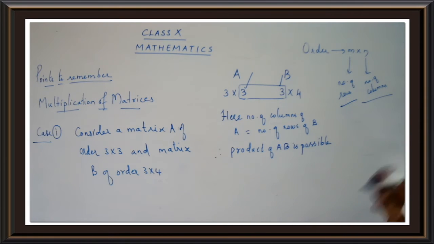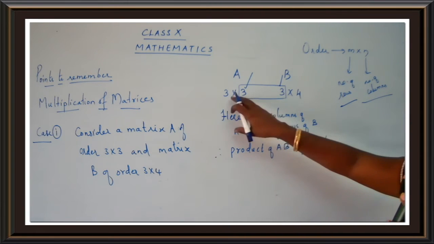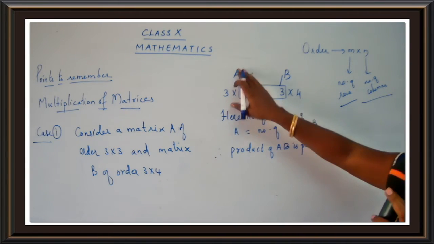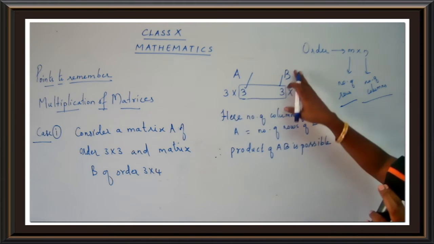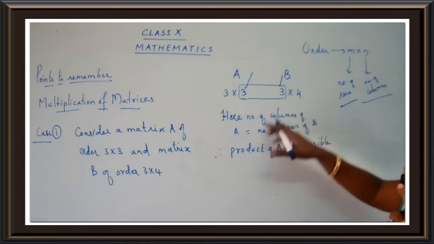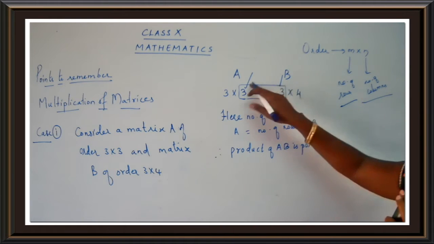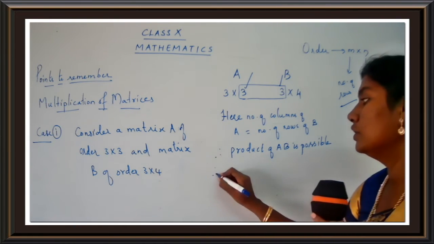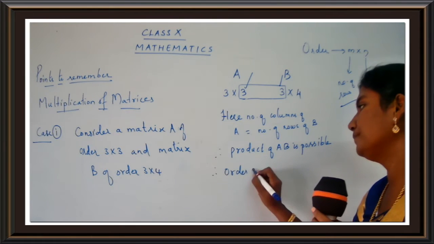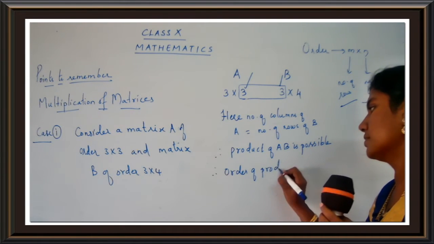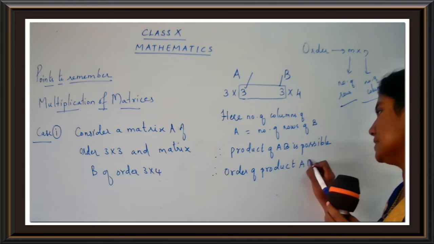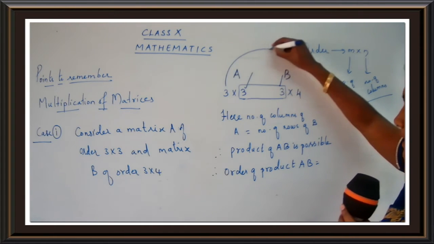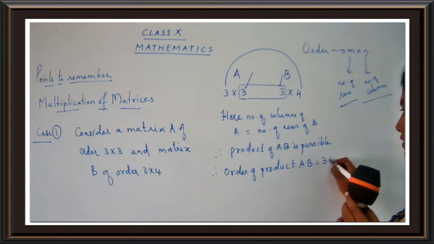Okay. Now what will be the order of this product? If you are taking a matrix of 3 cross 3 and a matrix of 3 cross 4, okay, children, now you will be getting a new answer. That is, if you are multiplying A and B, you are going to get a new matrix. What will be the order of the matrix? The order of product AB is equal to the remaining thing, 3 cross 4.